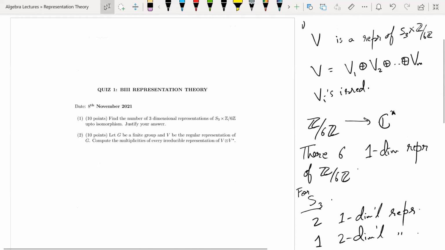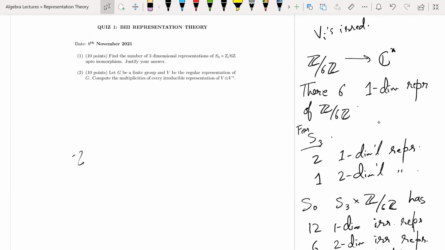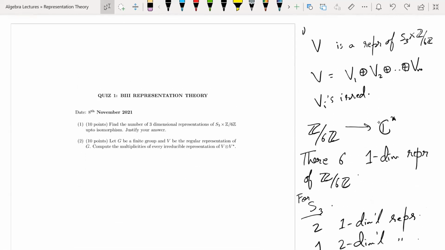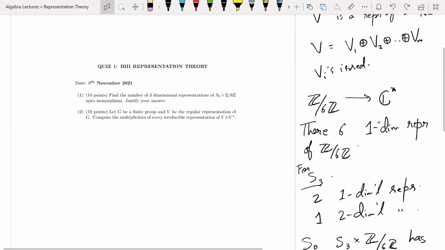Now, for the second one, can I rate it? Yeah, I can rate it. Okay, so for the second one, here you'll have to use some character theory, but not too complicated. You are given a finite group G, and V is the regular representation, so V is KG.